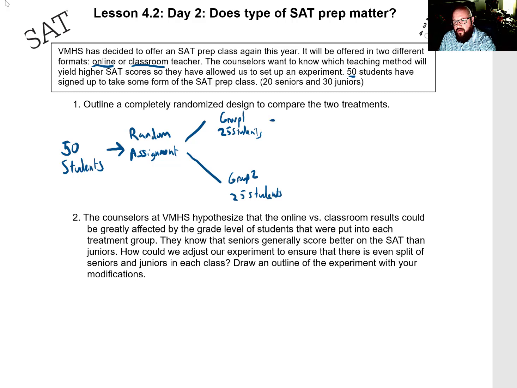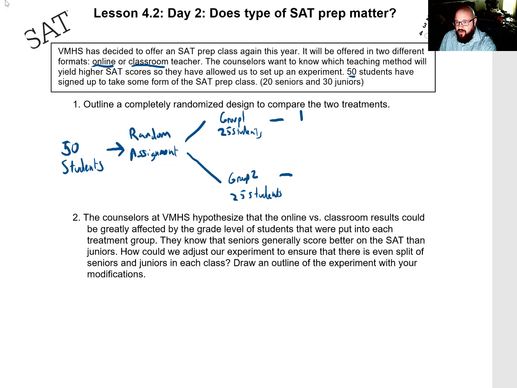Okay? And then we're going to set them up for our treatments. Now, it doesn't matter which group gets which treatment, shall we say. It doesn't mean group 1 is always going to be online, or group 1 is always going to be classroom teacher. We just need to assign the 2 treatment options to the groups. All right, so there's group 1. Let's just go and say we're going to give them the online treatment.